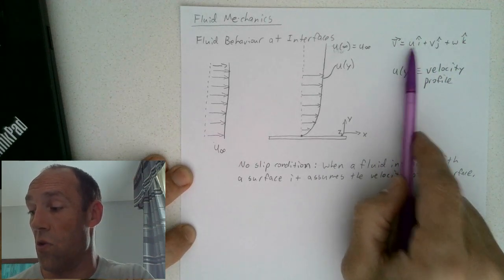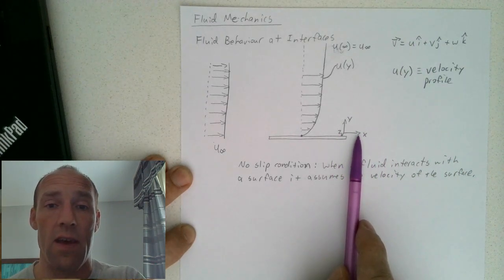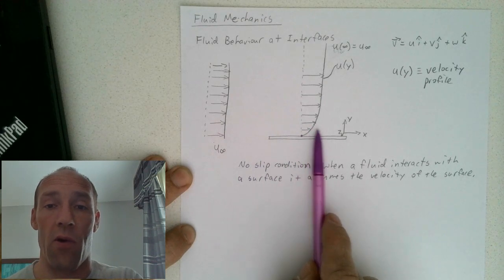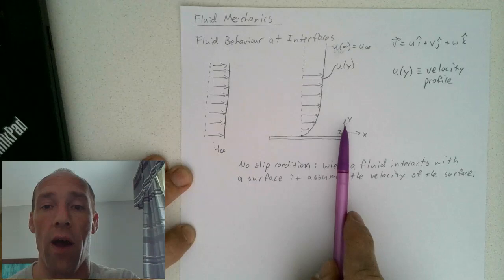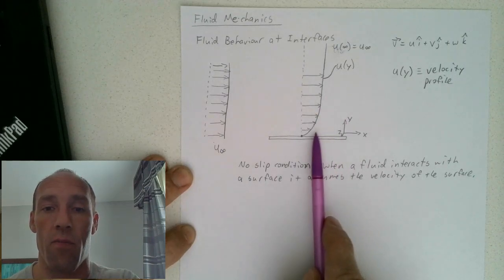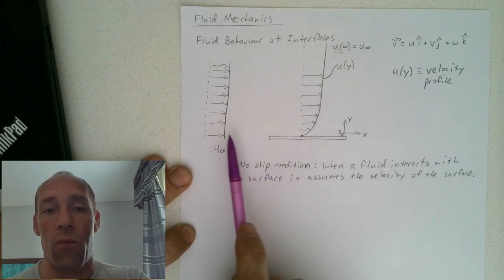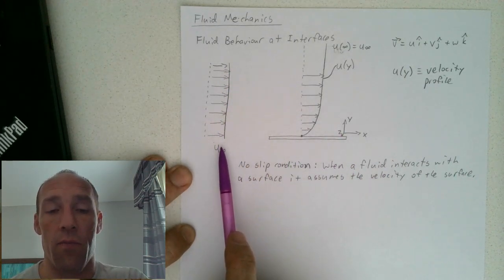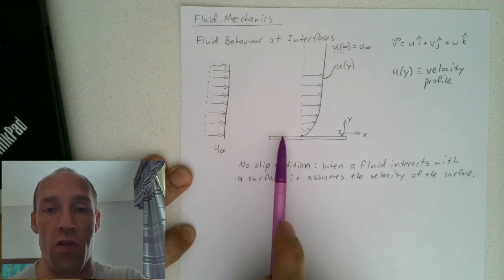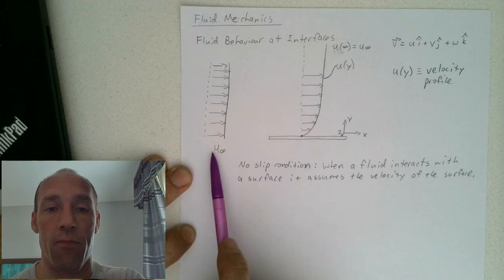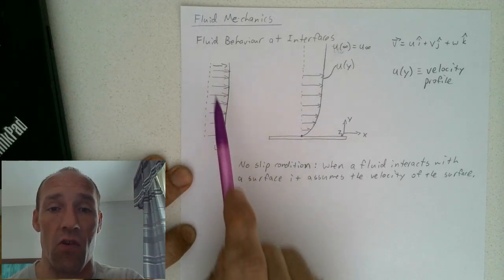So u is the x direction, and we set up our coordinate system so that x is parallel to the primary direction of flow usually. Okay, and then in this coordinate system, y is the distance from the surface, and z is the third direction. So I have a uniform fluid approaching a surface, in this case a plate, at a uniform velocity. And so the velocity is not changing as a function of space.